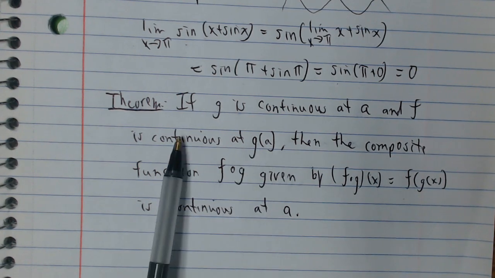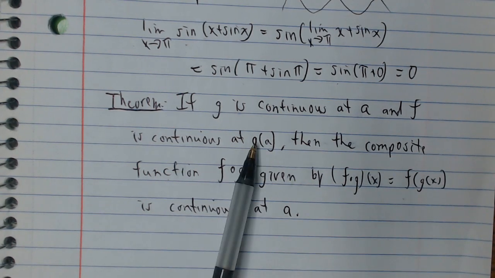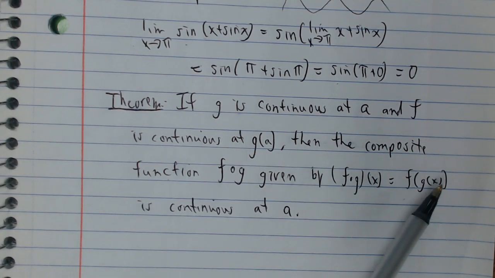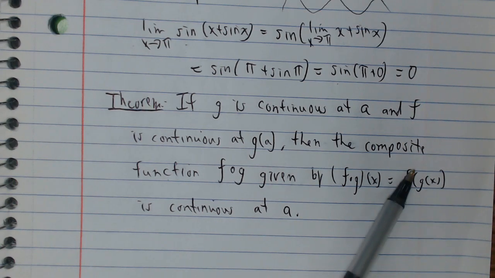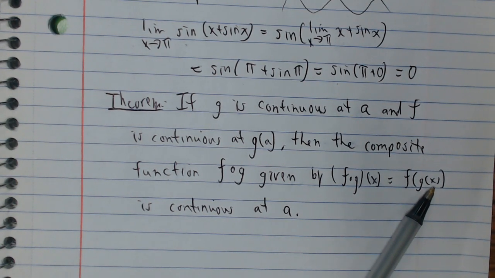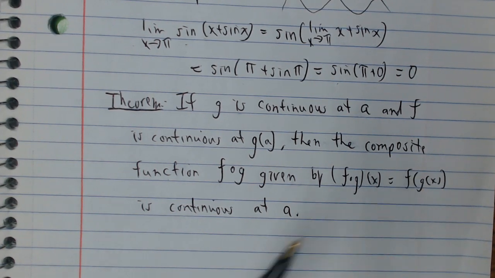So if f is continuous at whatever g spits out, which right now is g of a, then we know for a fact that f of g of x is in fact continuous at a. So here, if g is continuous at a and f is continuous at g of a, then that whole composite f of g of a is continuous at a.